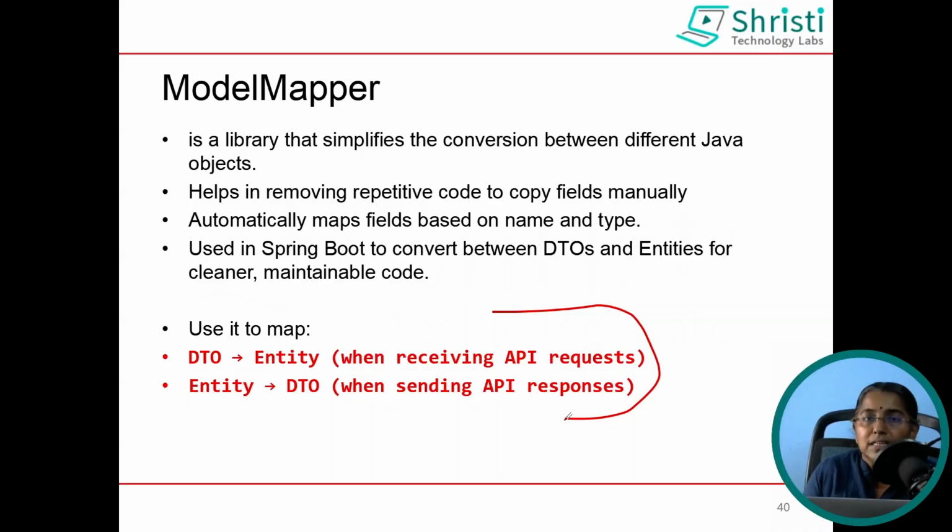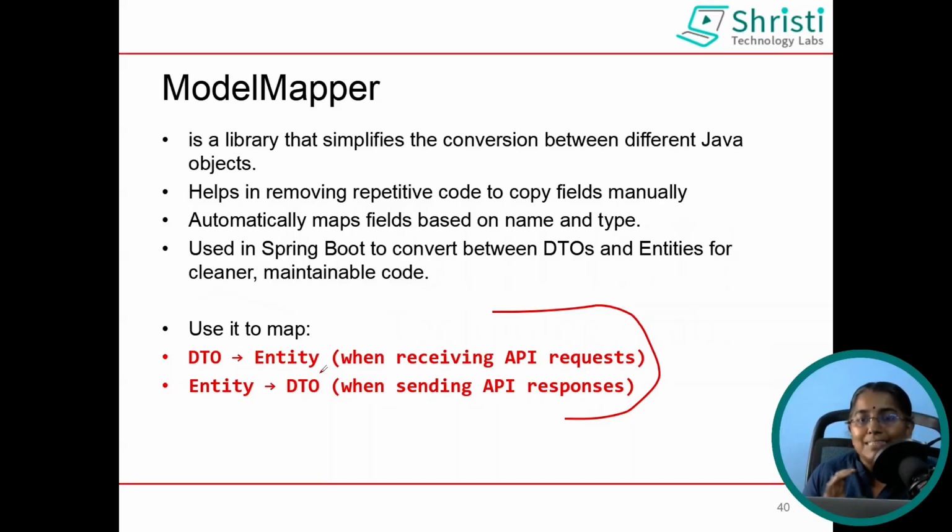In the service layer, you convert your DTO into entity and then send the entity object to the repository for saving. Similarly, when it is coming from the backend, it will come as a list of entities or one single entity. In the service layer, convert them into DTO object and send it back to the controller.